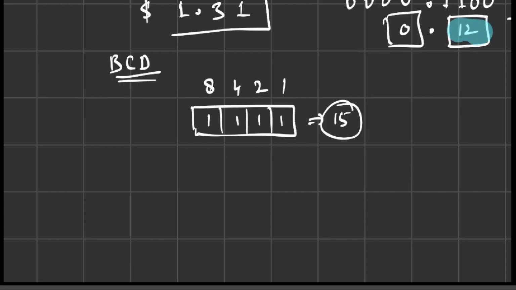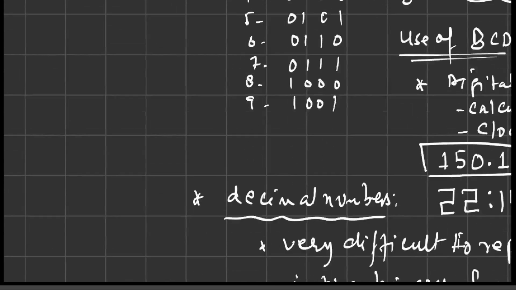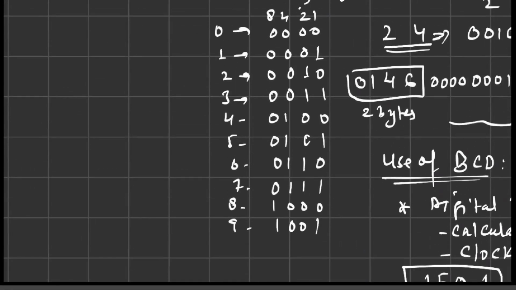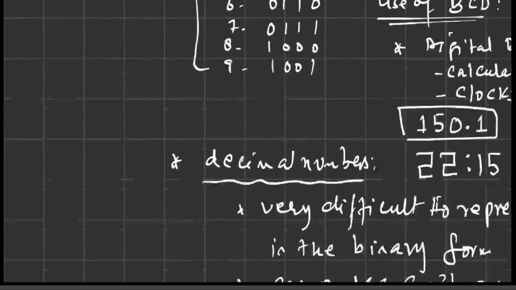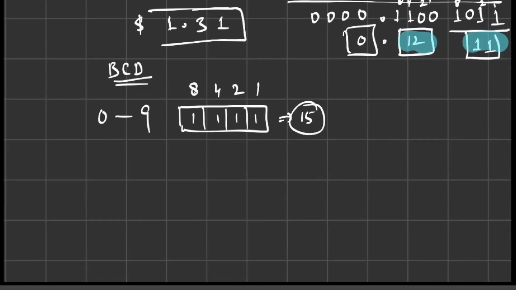And you know that the decimal numbers are only from 0 to 9, so the representation of 0 to 9 is enough in these 4 bits.